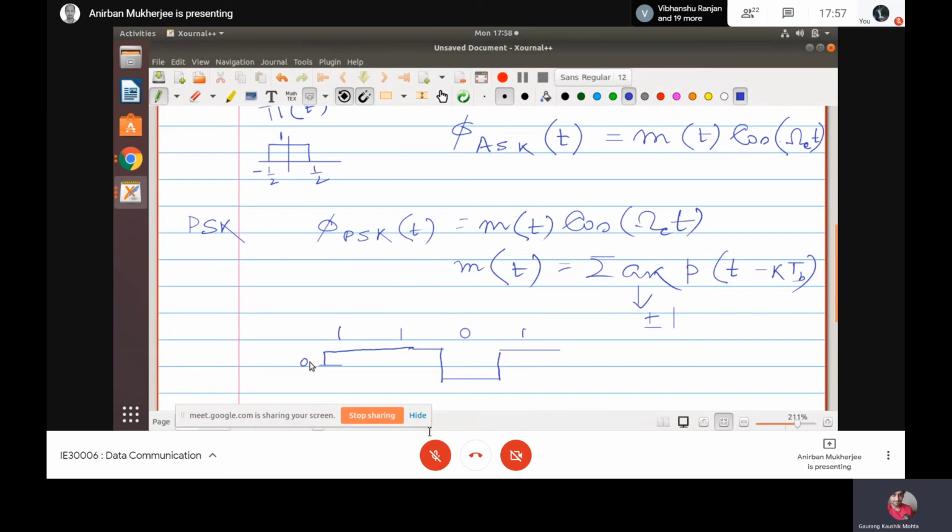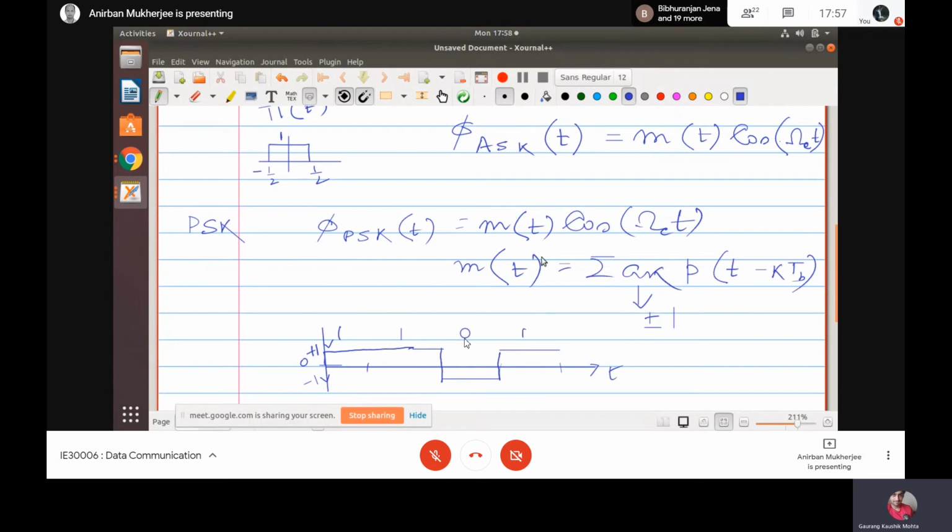Though it is logical 0, you plot it as plus 1 volt and minus 1 volt. This is TB, 2 TB, 3 TB.